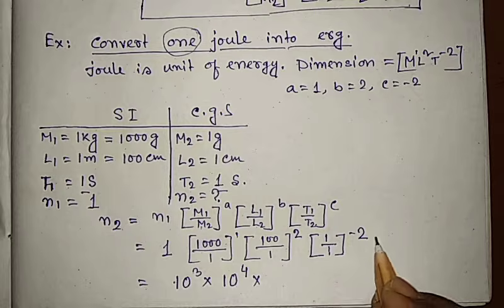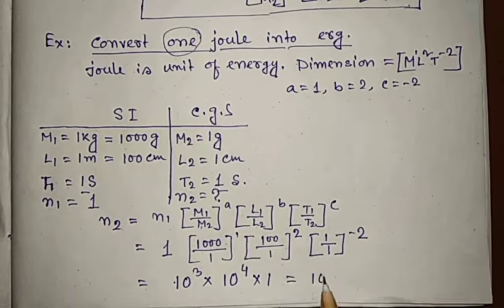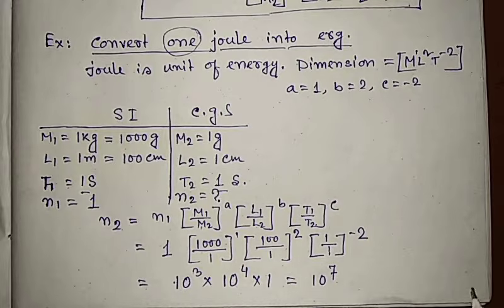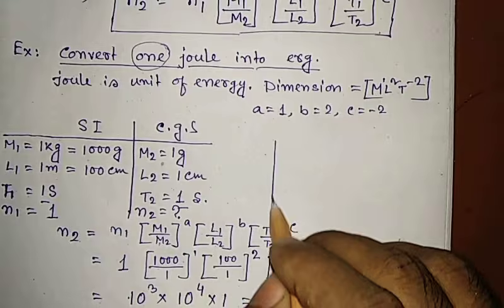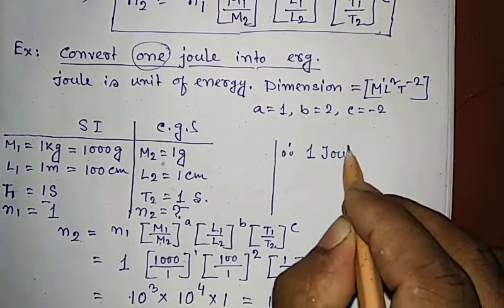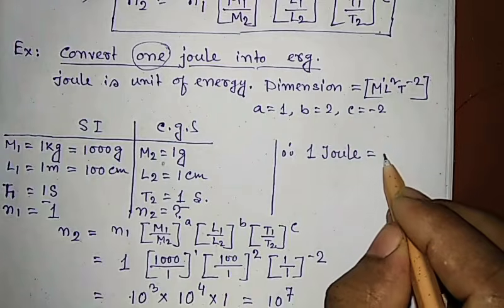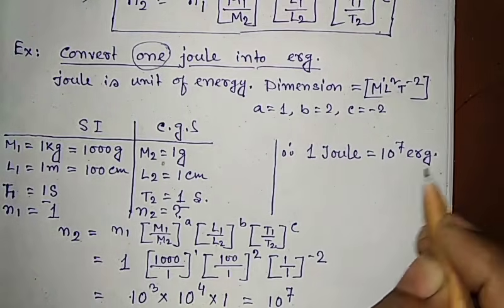Any power of 1 is always 1. So this is 10 to the power 7. So the final answer is: therefore 1 joule is equal to 10 to the power 7 erg.